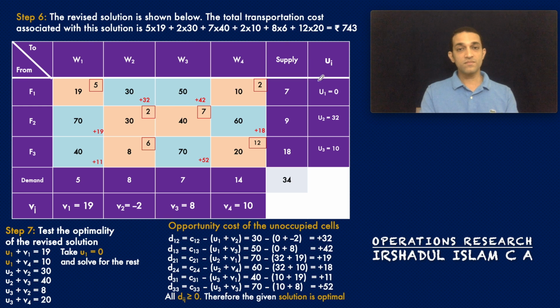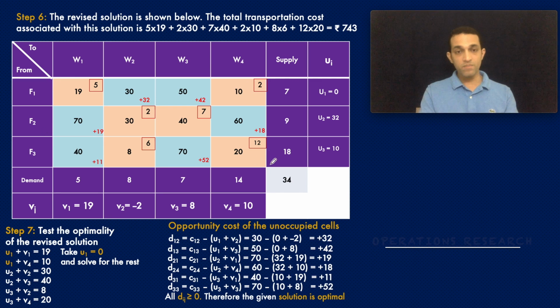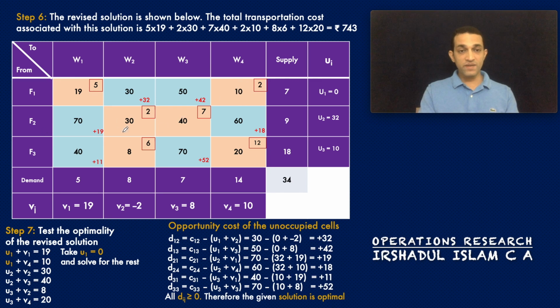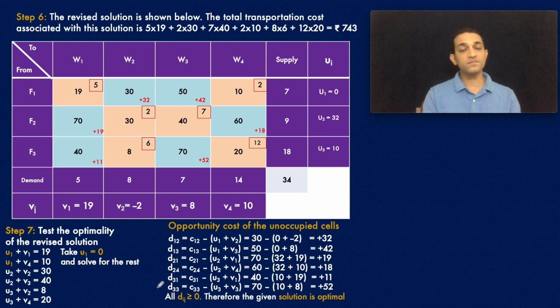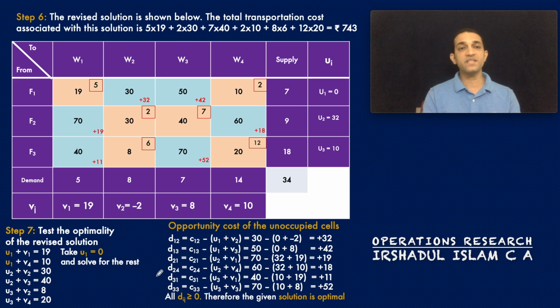v values. So again introducing the u variable and v variable once again in this cell, and for the occupied cell we have a relationship Cij equal to ui plus vj. In order to calculate the opportunity cost for the unoccupied cells, we have another relationship dij equal to Cij minus (ui plus vj).